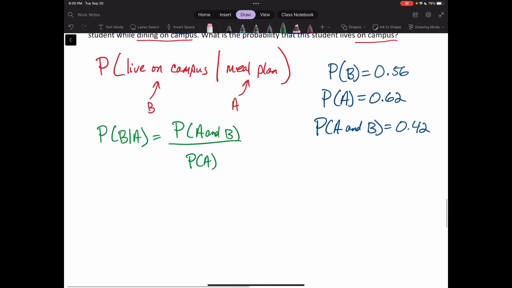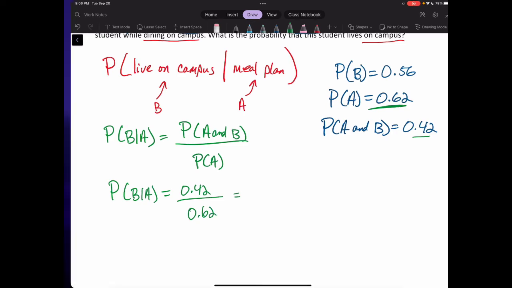So let's fill in our formula. The probability of B given A will equal the probability of A and B, which we know to be 42%, 0.42, divided by the probability of A, which in our case is 0.62. Okay, let's go to our calculator.